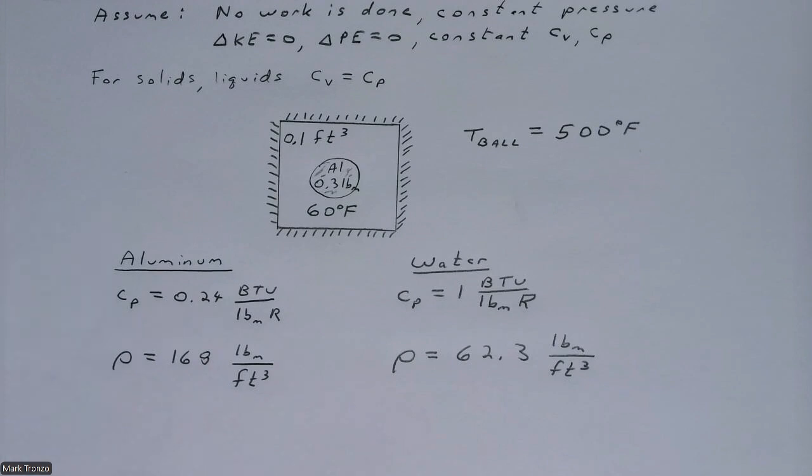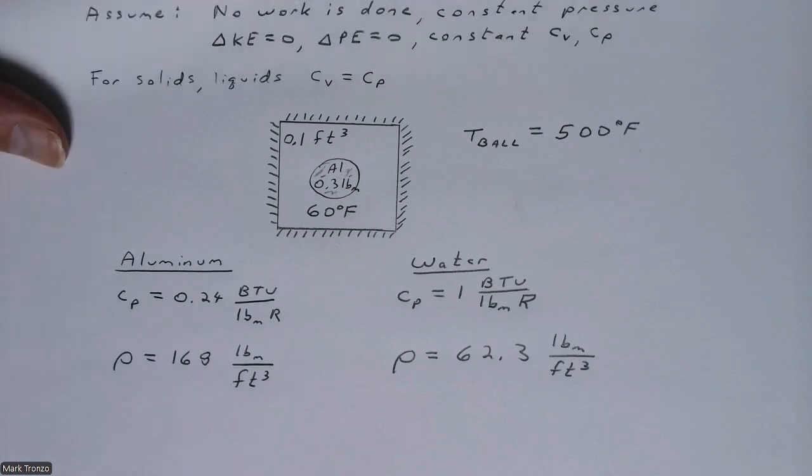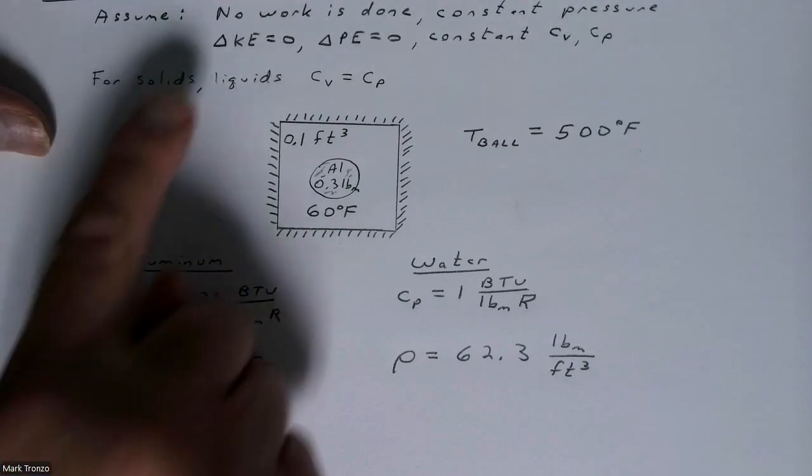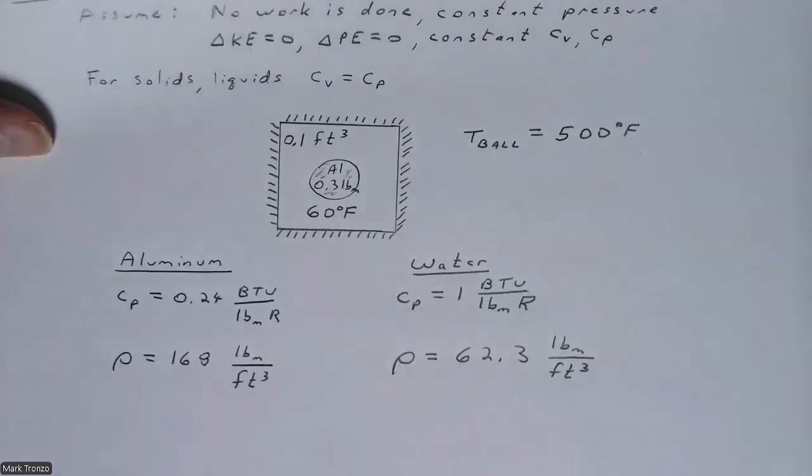And keep in mind what we're going to be dealing with. We're going to be dealing with internal energy because, again, the other energies are zero. The internal energy is the energy contained within the objects.